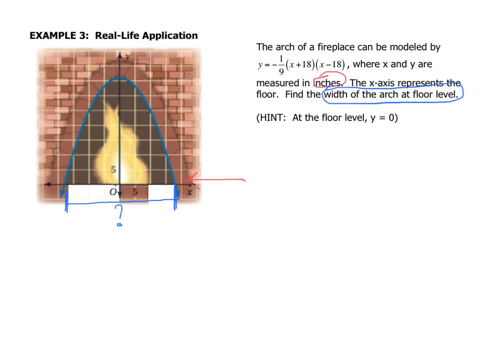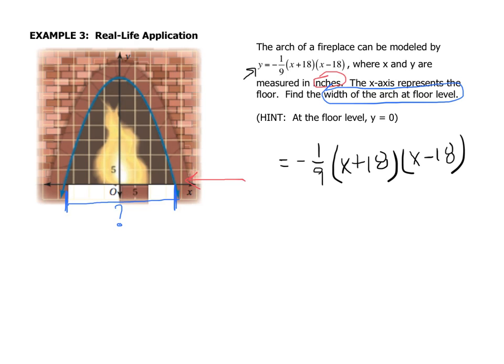So if I go back to my model, we already have it in function form. So what I'm going to look at here is the negative 1/9 (x plus 18)(x minus 18). It's already in factored form. So what we want to look for is the width of that arch at floor level. Well, instead of having a generic y up here, we know what the y is when we're at the floor level.